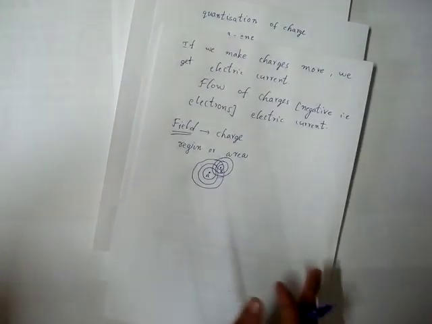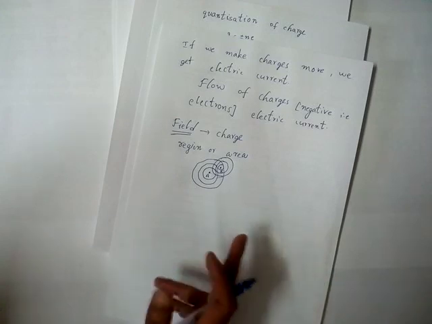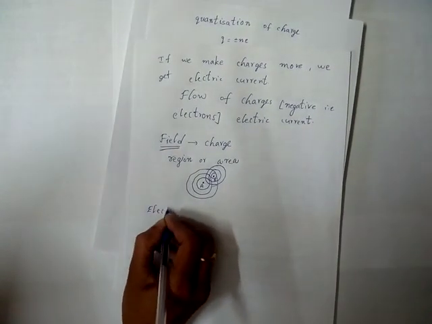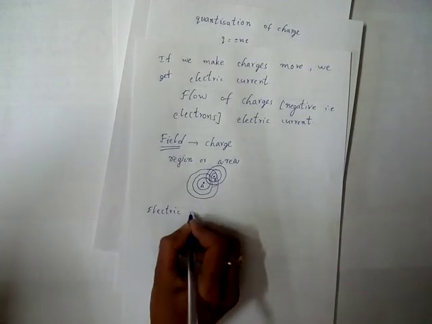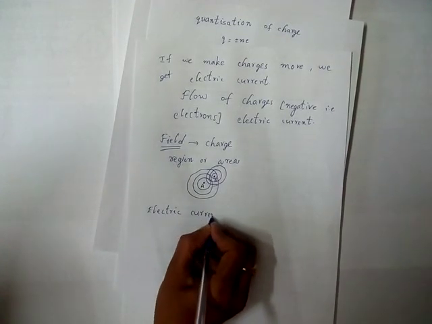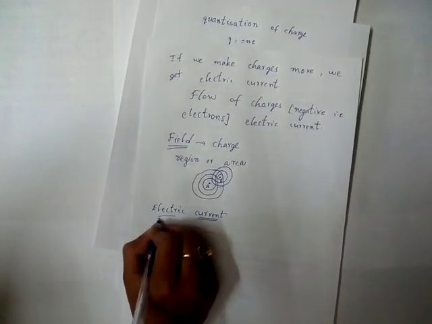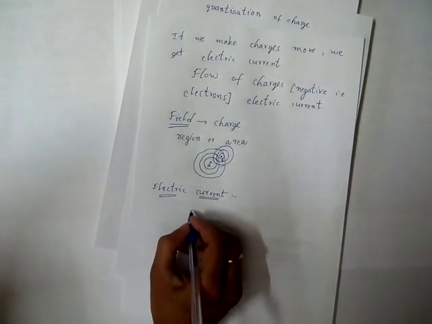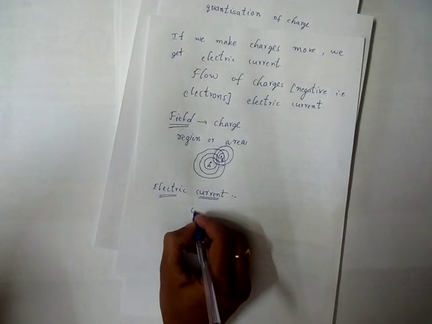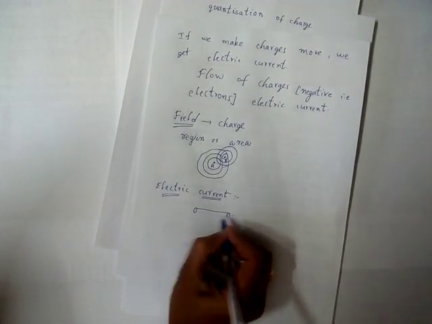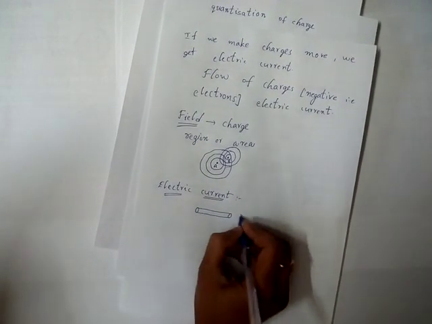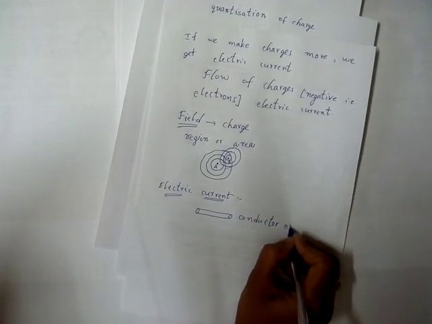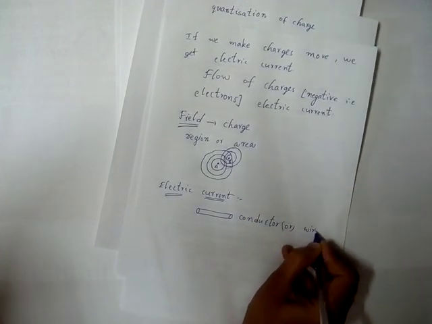Now when the charges are moving, we call it as electric current. Electric current, from childhood you know current will be flowing in a conductor. We just call that as wire. Isn't it?